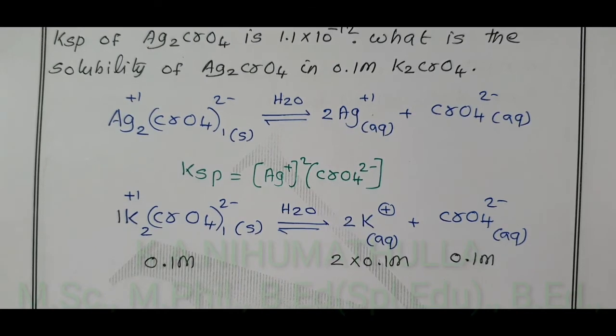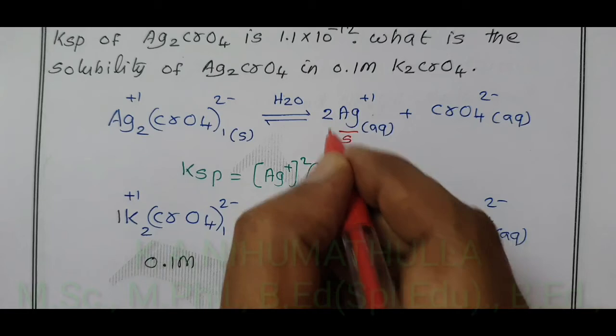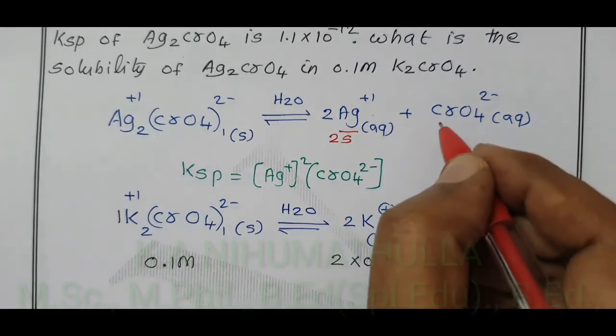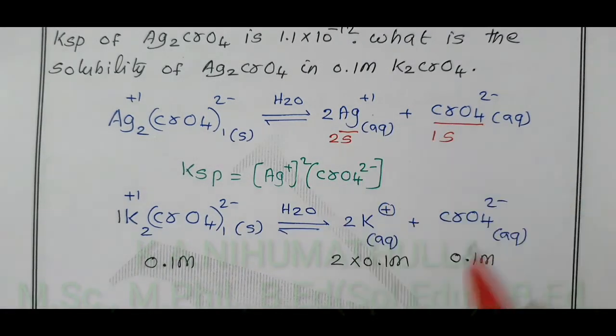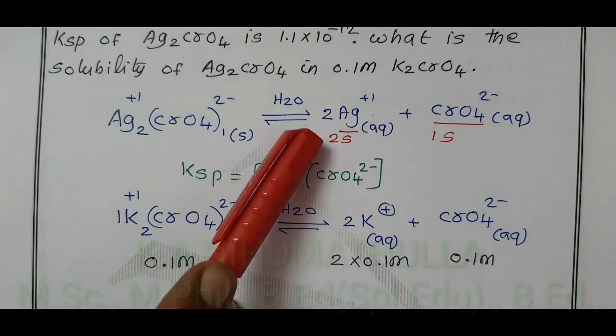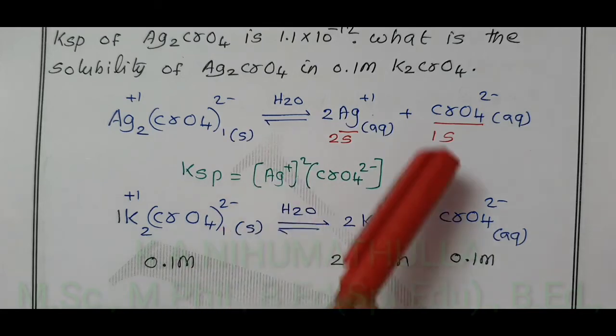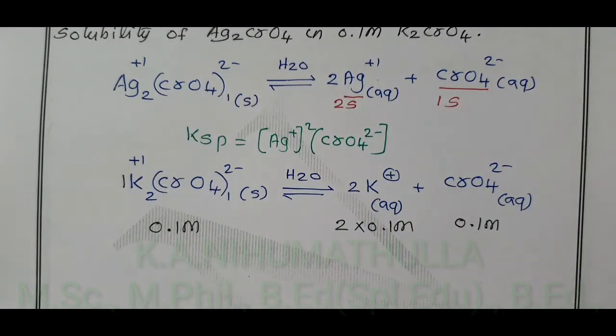Now I write the molar solubility of Ag plus is S, before number of moles 2, therefore 2S. Silver chromate is S, before chromate 1S. In these two equations, Ag plus concentration is obtained from this, no problem, but the chromate is present in these two equations. Now I am going to write the determination of Ag plus ion concentration.